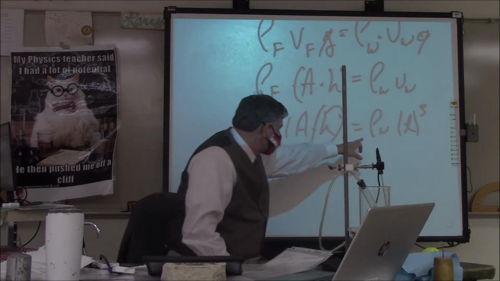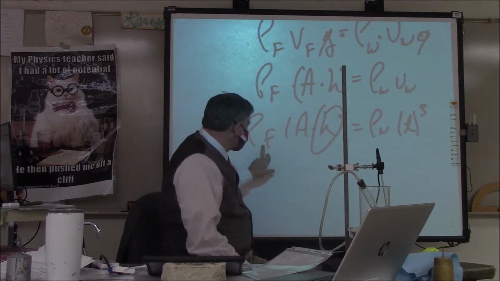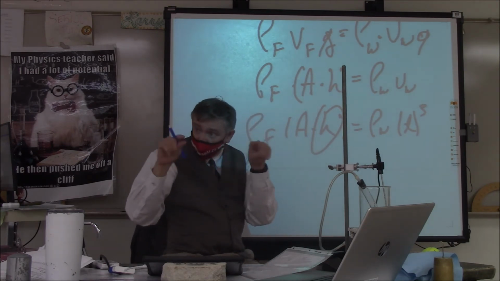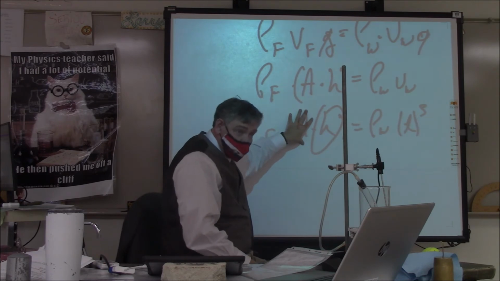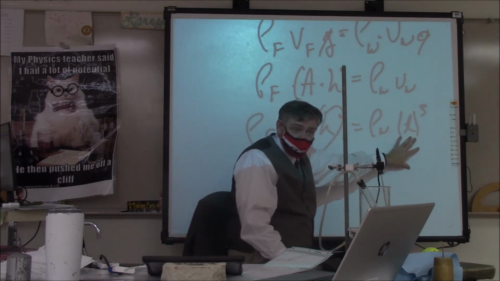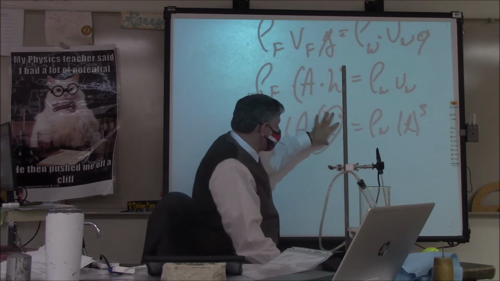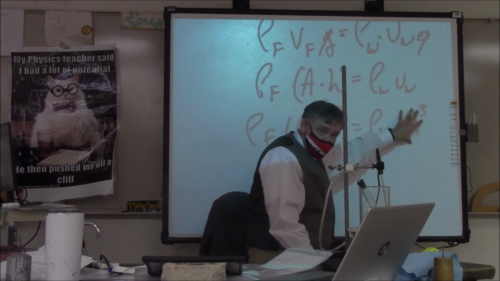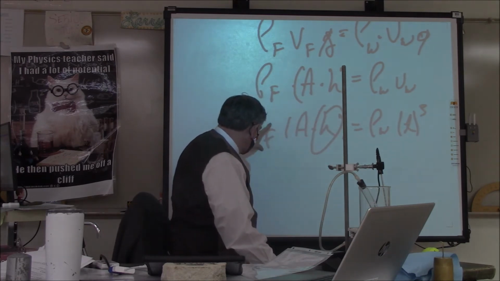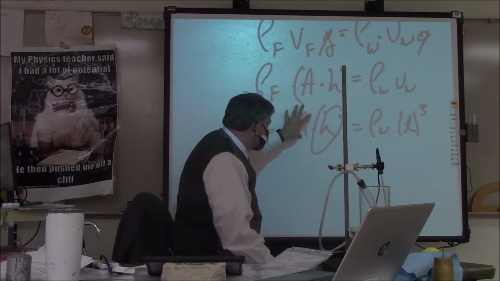You know the density of the wood, you know the density of the water, and your cross-sectional area, because it's a cube, is 0.1 squared. This is going to be 0.1 cubed. So you need to solve for h.